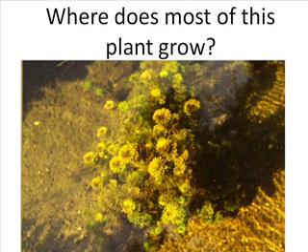One important characteristic of the submerged plants is their flaccid or soft stems, which is why they usually do not rise above the water surface. Some types of submerged plants are fanwort or water milfoil. Where does most of this plant grow?